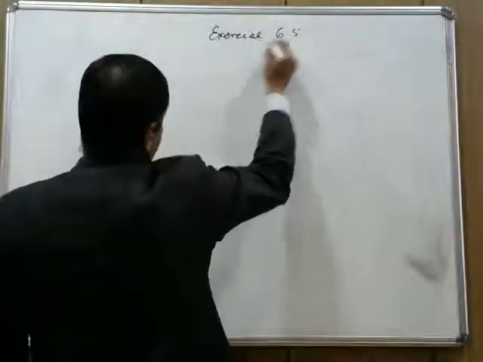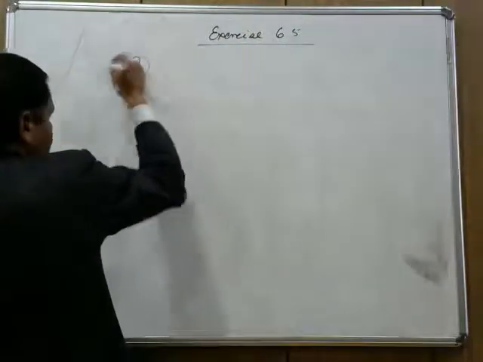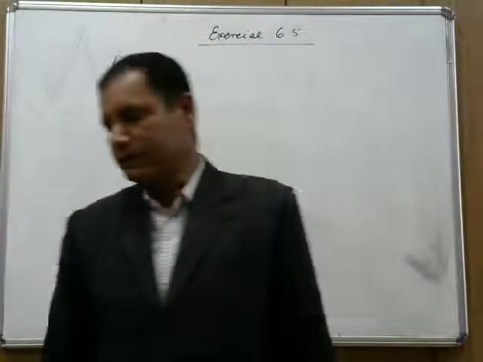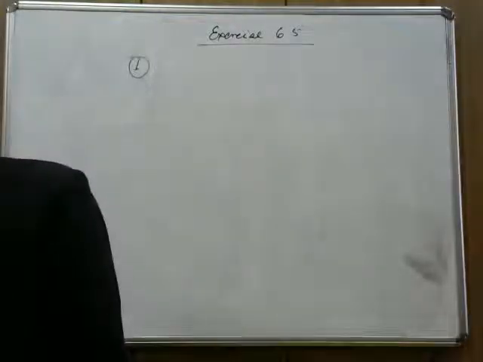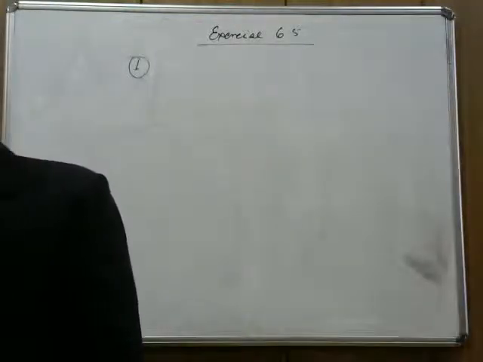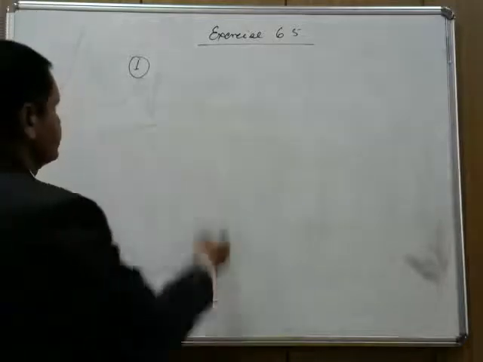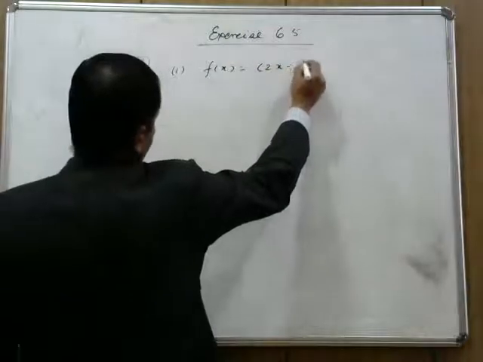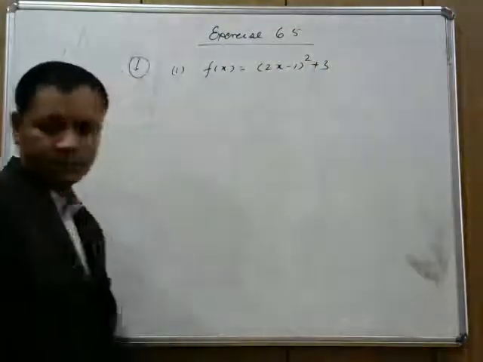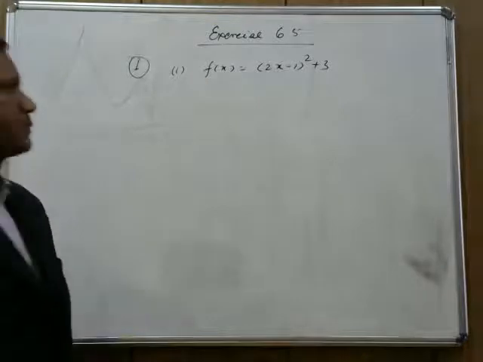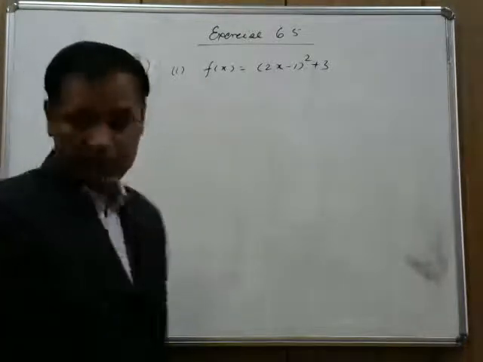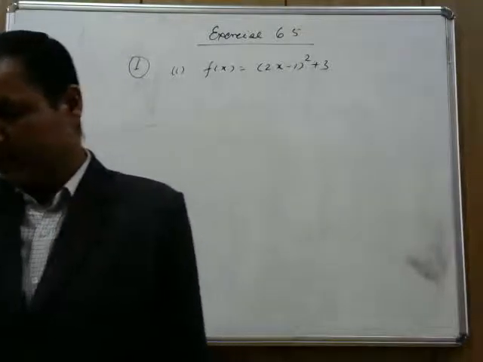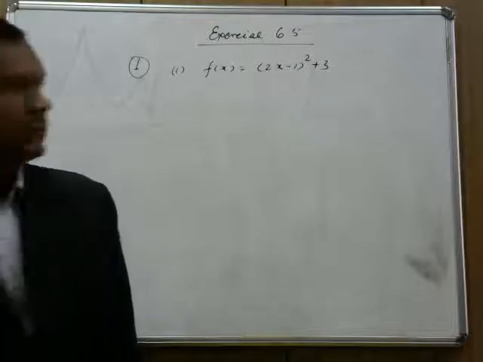The first question: find the maximum value and minimum value, if any, of the following functions given by f of x. f of x is equal to (2x minus 1) whole square plus 3. The question is, we don't need to find the point. Simply find the maximum and minimum value of this given function.